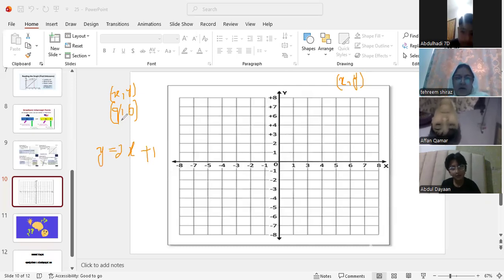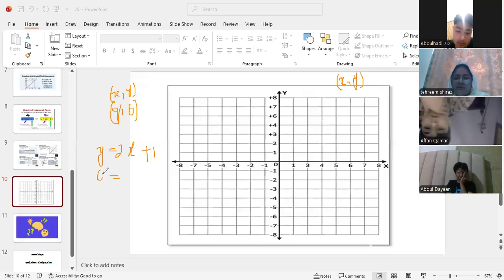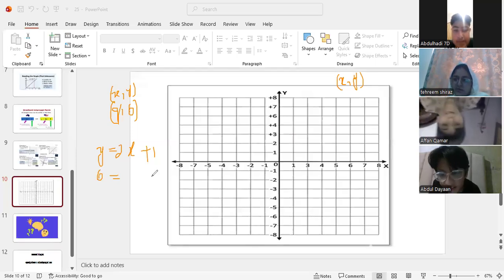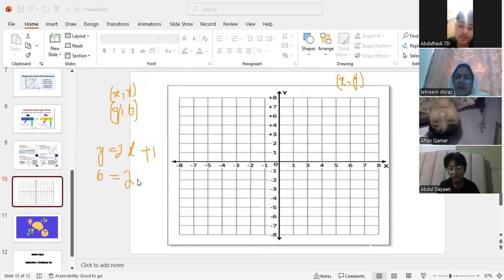Right? Yes, ma'am. Now, if I say that in place of y, I will put 6, and in place of x, I will place q, it will be 2q plus 1. Now, just solve it. It will be like this.